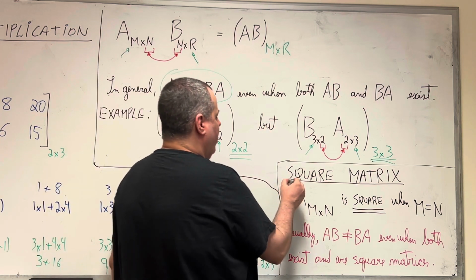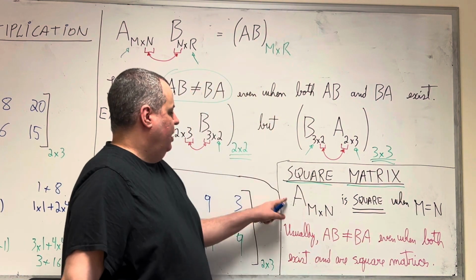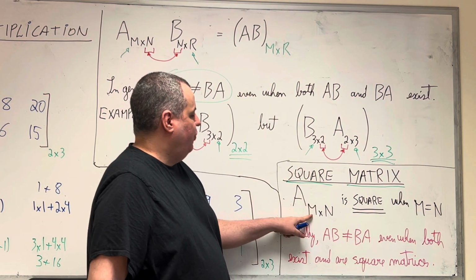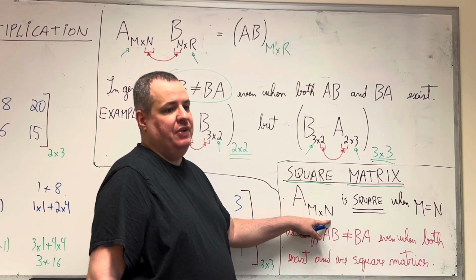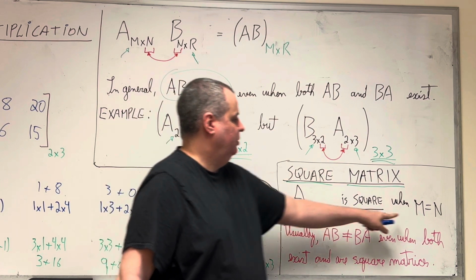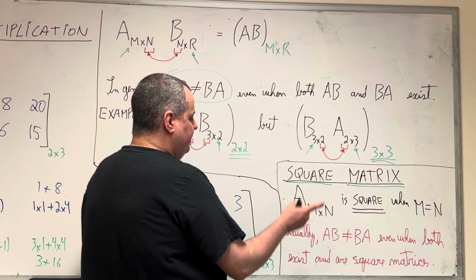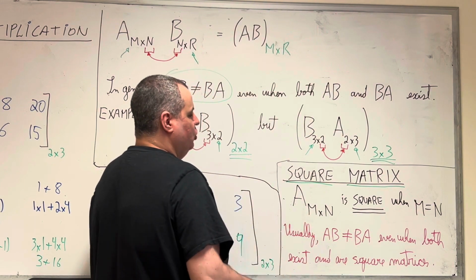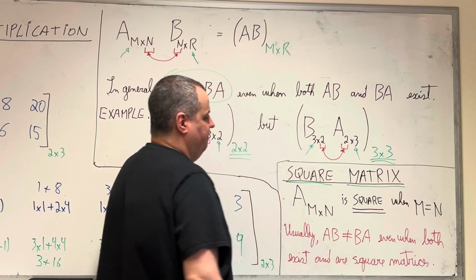Now, what is a square matrix? A square matrix is a matrix where the number of rows and the number of columns is the same. Okay, we have as many rows as columns. So that's a square matrix. But even in the case when you're multiplying two square matrices of the same dimension, AB can be different than BA.